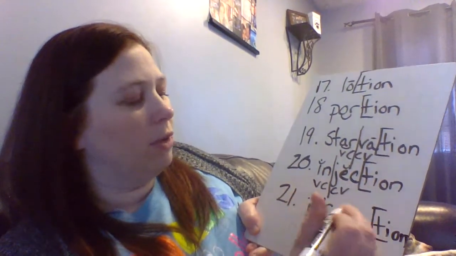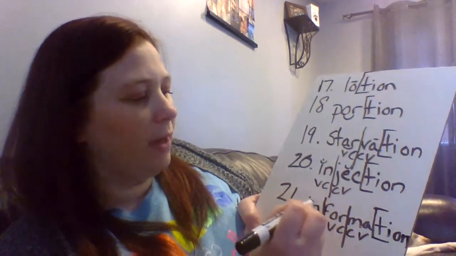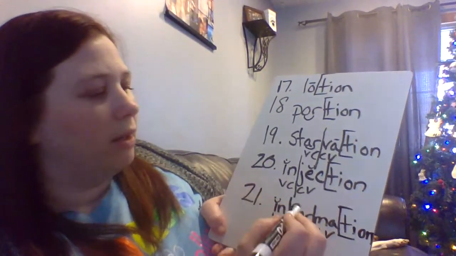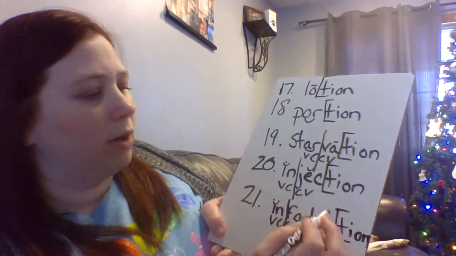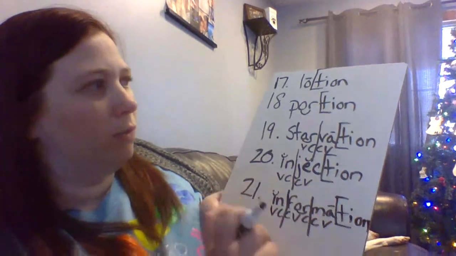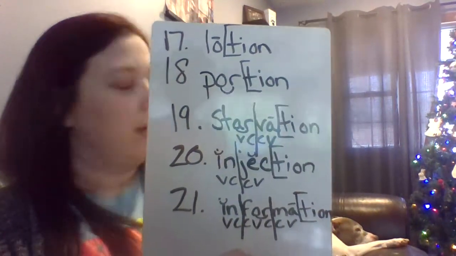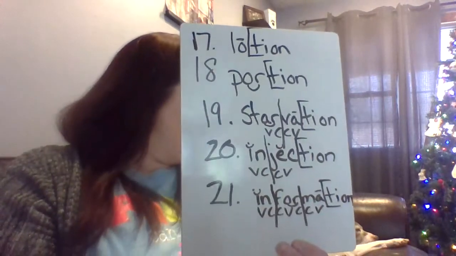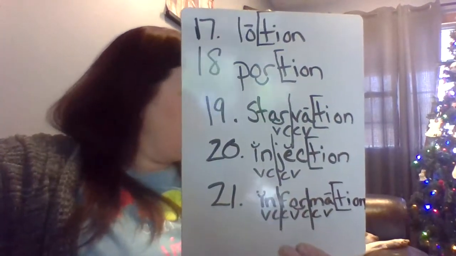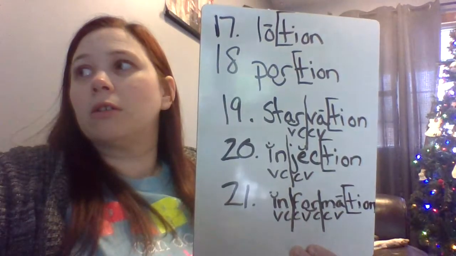So again, we'll draw our lines in between our two consonants. Here we have vowel, consonant. It gets a breve. Here we have our O-R arc, and then here we have our A open, so it gets a macron. That was a lot of coding on that one. Go ahead and make sure that you have these, and then you are going to draw a line from the word that matches the picture.